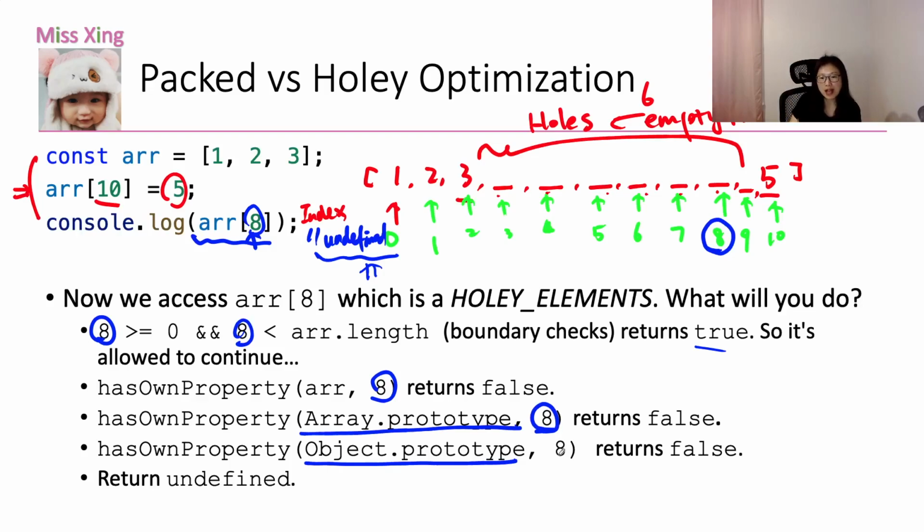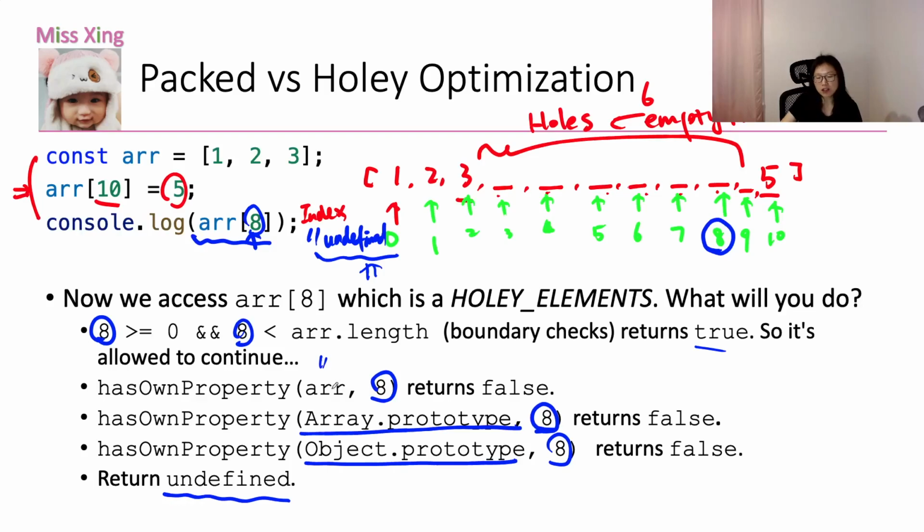Do we have it? If not, we return false. Eventually, if all of them return false, then we can say this is a hole, and then we can return undefined. You cannot directly return undefined from the start; you have to do more checkings to make sure it is a hole, then you return undefined.